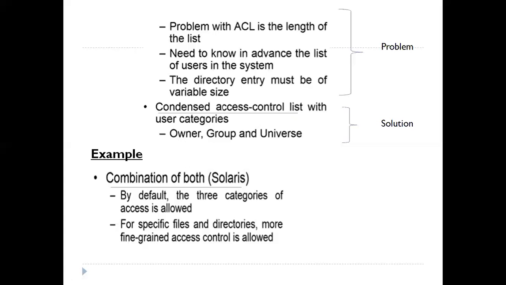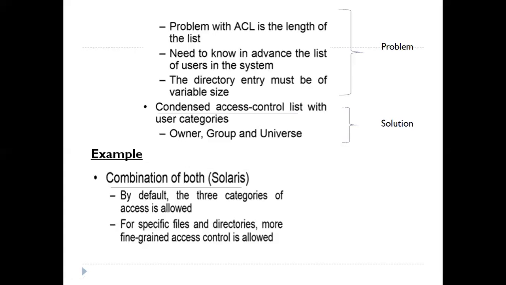Okay, so instead of having ACL for each file and directory, you have the condensed version by creating the groups of people such as owner, group or universal. Okay, so by having the users being categorized, then it's easy to share the file. Not only share but give the access control to the file.